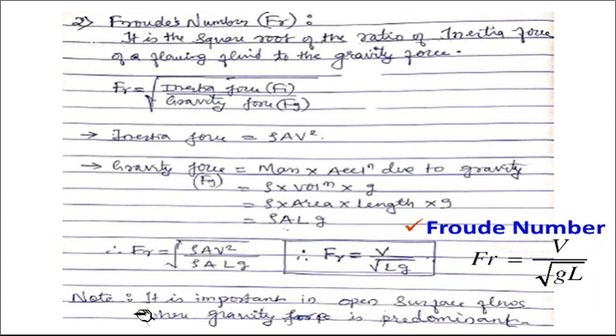Now remember, Froude's number is also a dimensionless number, and it is important in analysis of open surface flows, the flows of fluid which are open to the atmosphere, non-closed type of flows, where gravity forces are important.